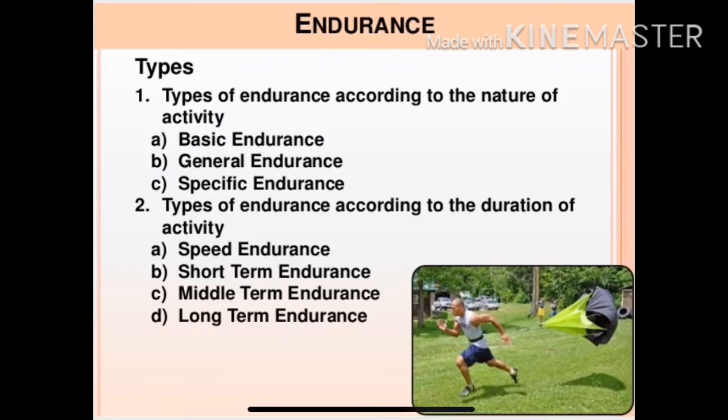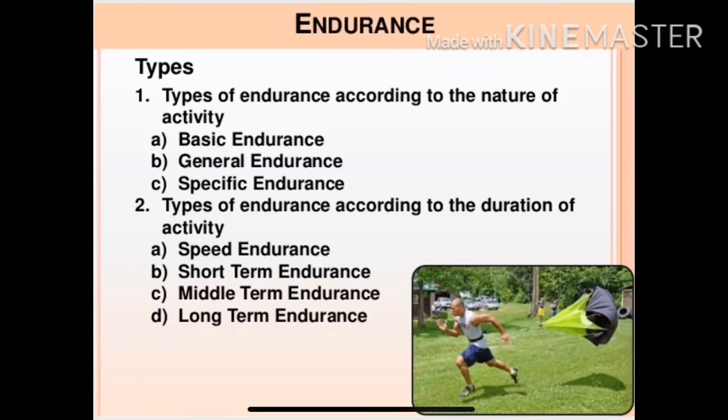Example, jogging, walking at a slow or moderate pace for more than 30 minutes. So it is basic endurance. Second is general endurance. General endurance can be referred to as the capacity of performing a type of activity that involves many muscle groups and systems for a prolonged time.